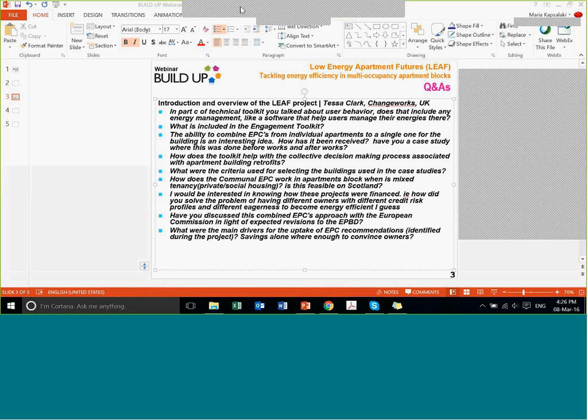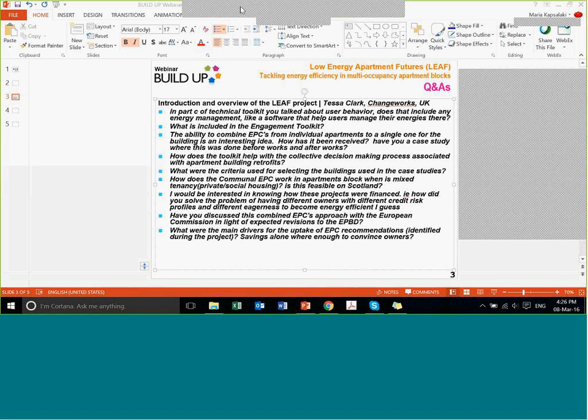But the engagement toolkit is all about the collective decision-making. So if I was an owner in a block and I didn't know what to do, I could pick up that engagement toolkit and look at how I should go around the decision-making in my block. So that's there to provide that guidance. And the technical toolkit, again, that's all about trying to input information that was required for the decision-making process.